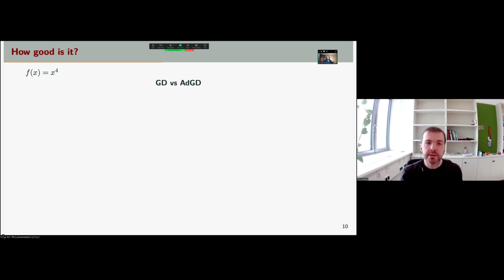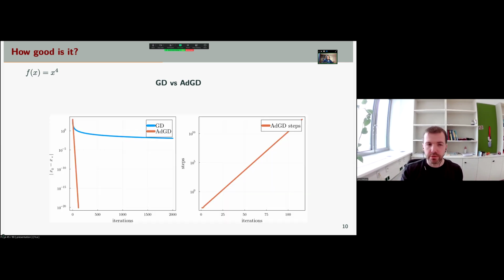Gradient descent doesn't have this property to explore the step size, unless you use some line search. So gradient descent converges very slowly, because the initial step size has to be small enough to converge, and then it cannot change. It doesn't have this information. But adaptivity solves this problem super fast.